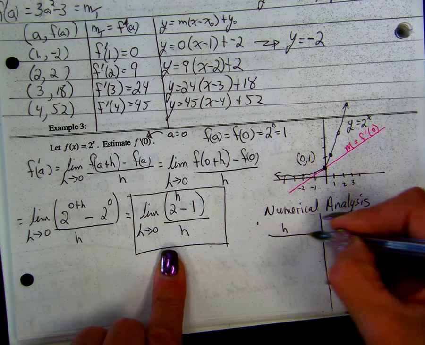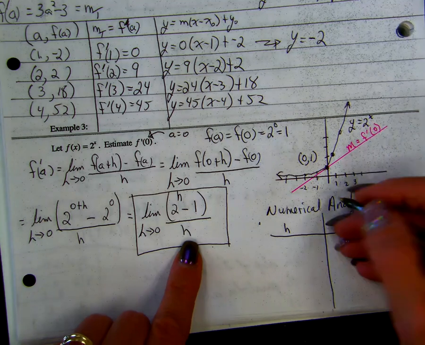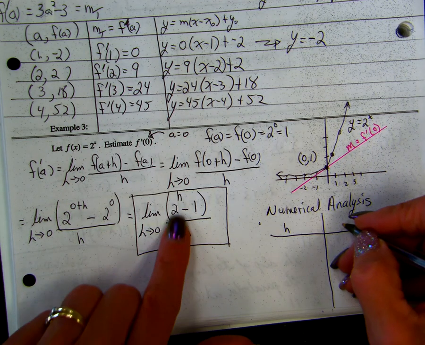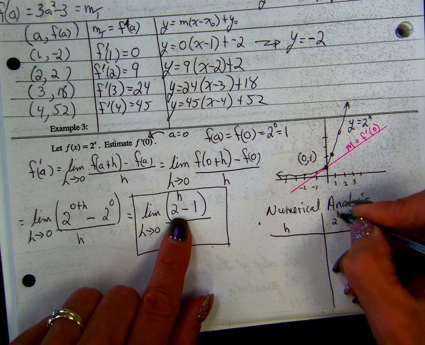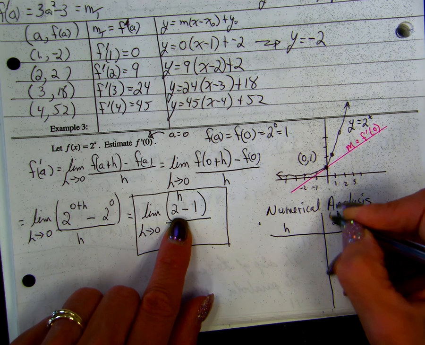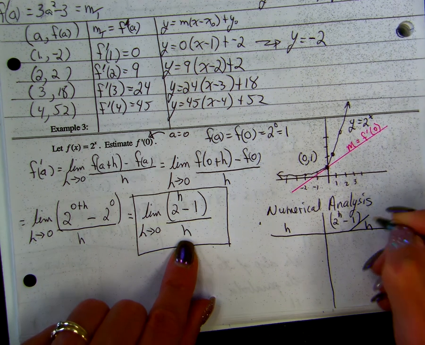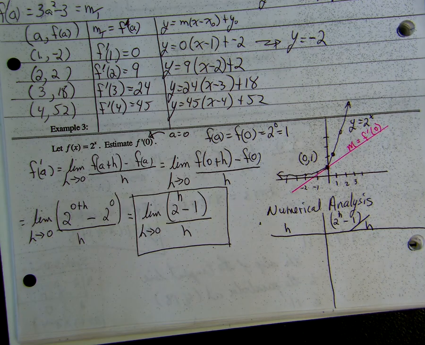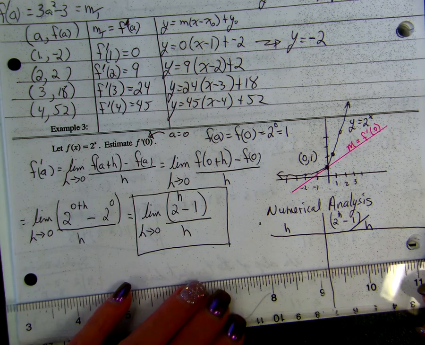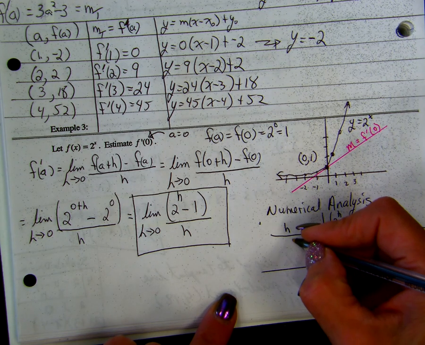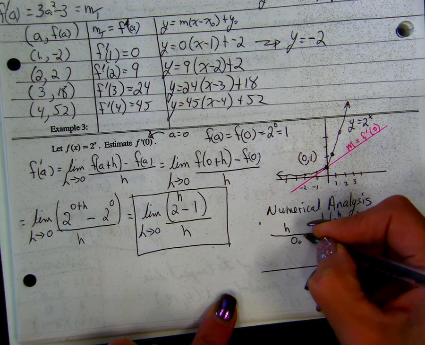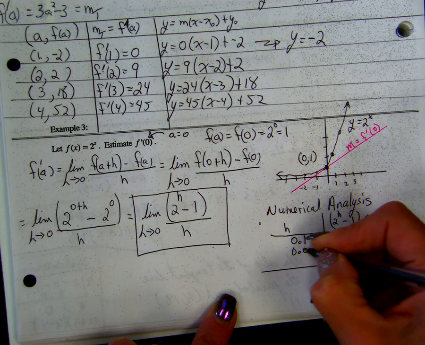Of course, I've got to do that from the left and from the right, and I'm trying to find the limit of this function. That is 2 to the h minus 1 divided by h. Okay, so if I'm approaching 0 from the right-hand side, then I'm choosing values close to 0, but just a little bit bigger.